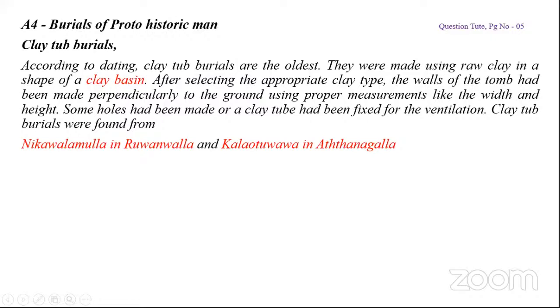They were made using raw clay in the shape of a clay basin. After selecting the appropriate clay type, the walls of the tomb had been made perpendicular to the ground using proper measurements like the width and the height. Some holes had been made or a clay tube had been fixed for ventilation.